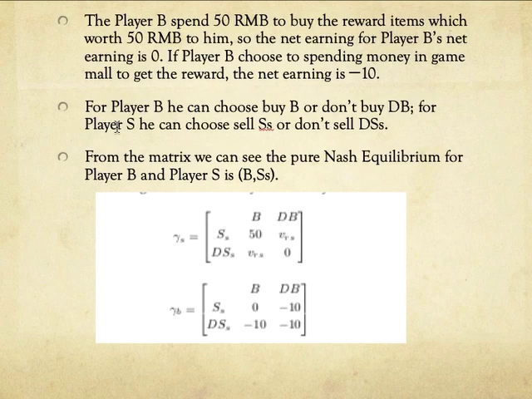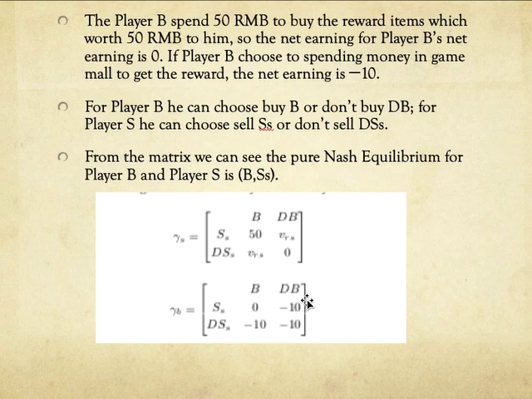And we can see, for player B, if he doesn't buy, because he wants to buy, if he doesn't buy he will feel sad, he will lose 10. If he doesn't buy from player S, he will buy from the game, so he will lose 10.